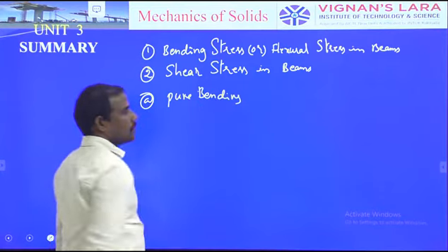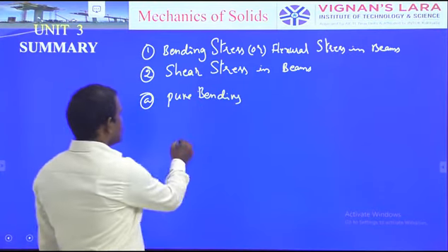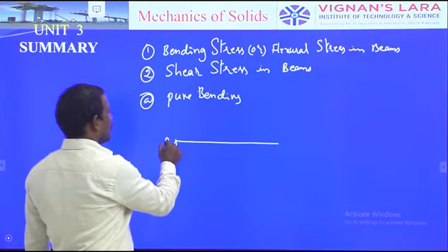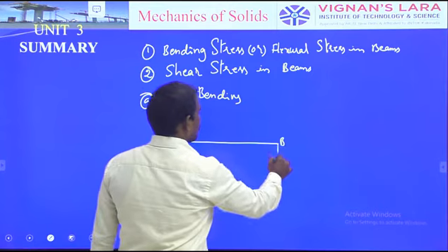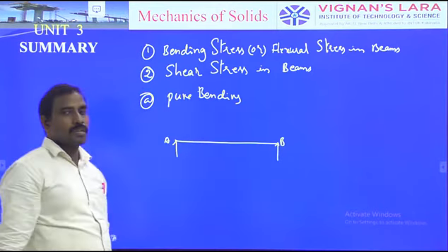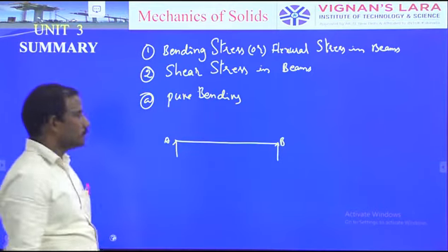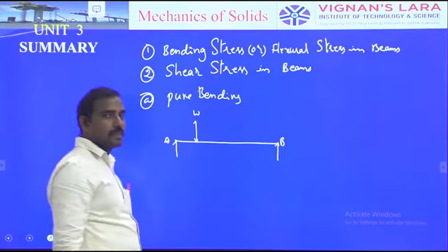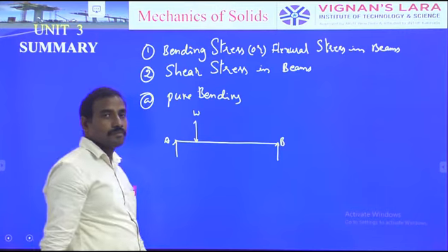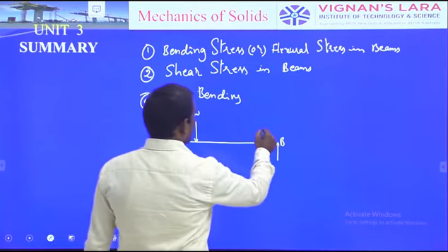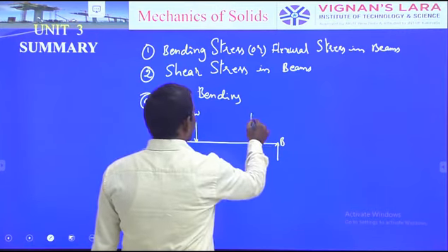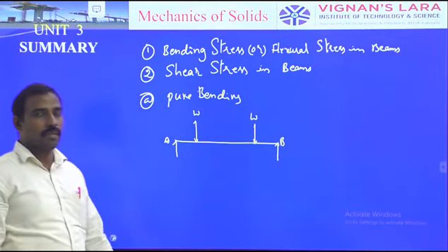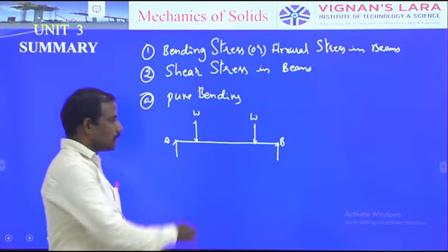For example, let us consider a simply supported beam AB. Two supports are provided at A and B, with a force of magnitude W at a small distance a from the left end, as well as a force of magnitude W at the same distance from the end B, as shown in the figure.